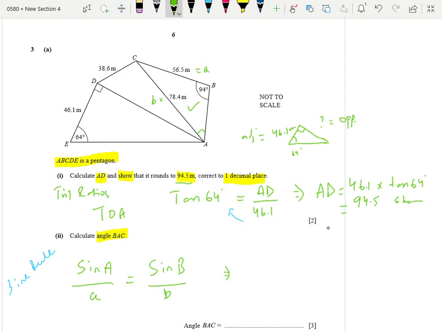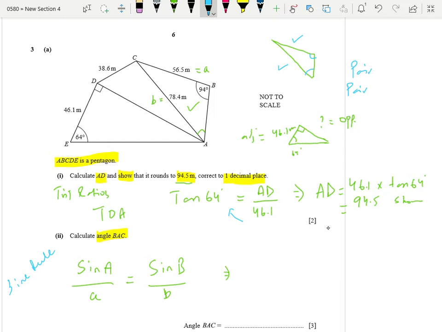But in order to identify whether to apply sine rule or not, you need to look at the triangle like this. So if you have this angle right here, and you have this side opposite, this is an opposite pair, right? So we have to make pairs of opposite, and if you have this angle and right opposite to this angle you have this side, so this is another pair.